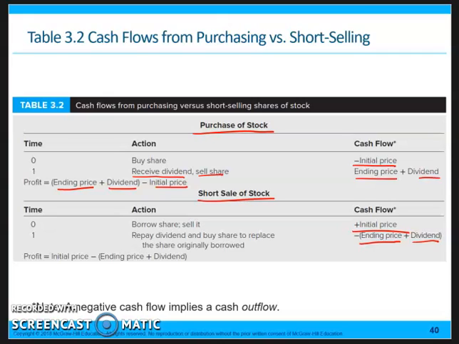Since we're liable for dividends, we have to pay the ending price and the dividend when we close out that transaction. Just note that negative implies a cash outflow.